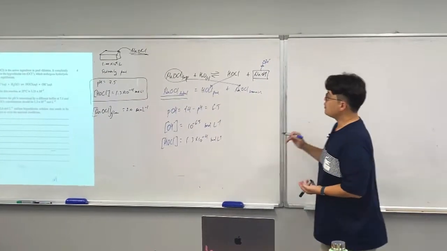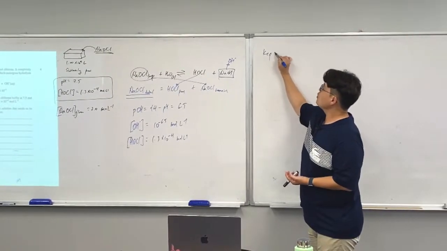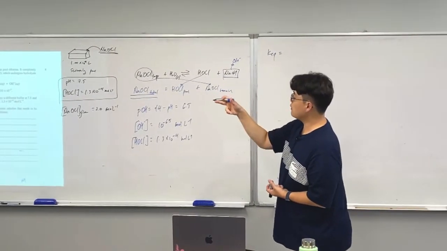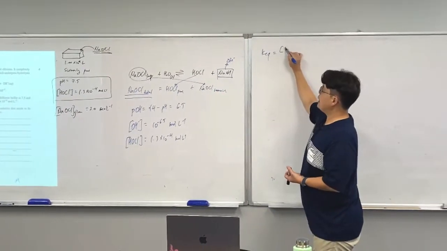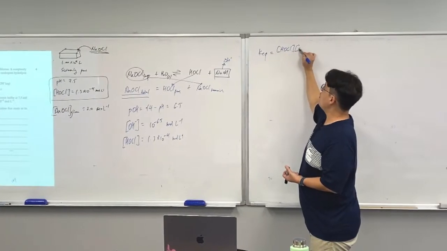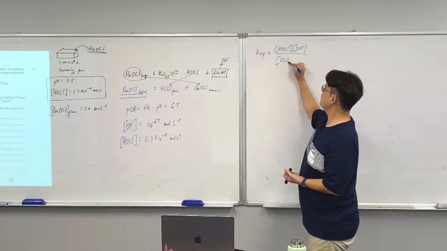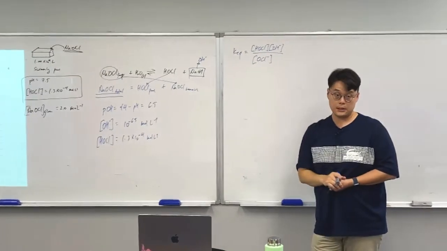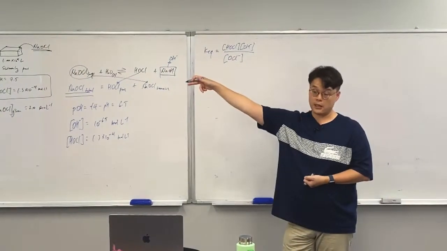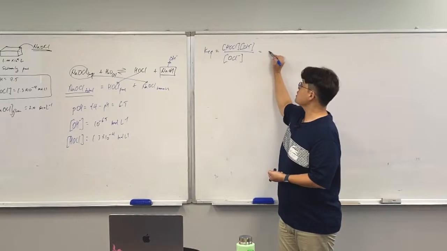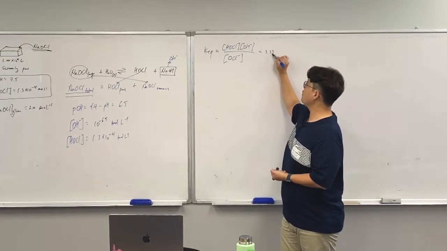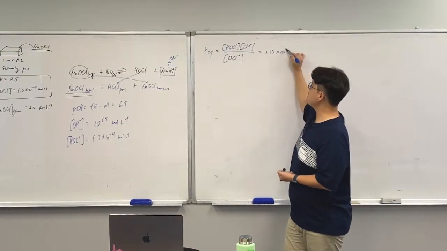Now, bring in that KEQ for the given condition. We have HOCl times OH minus, the products, divided by the reactant OCl minus, from the given reaction. This is the same as what? That's given as 3.33 times 10 to the power of minus 7. That's given.